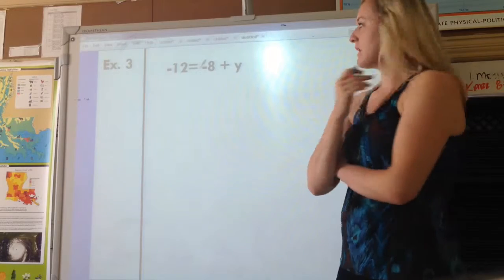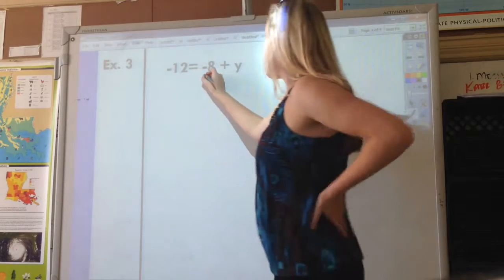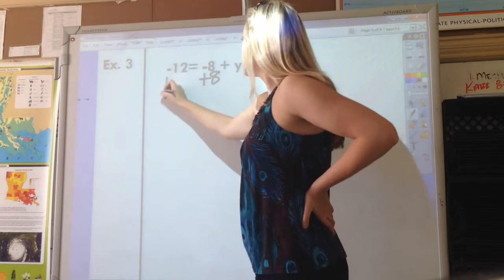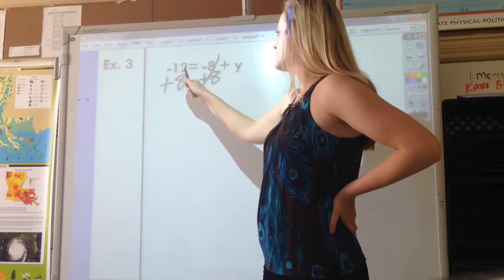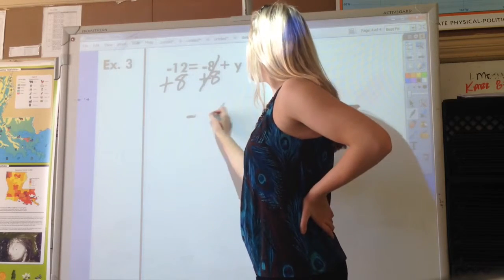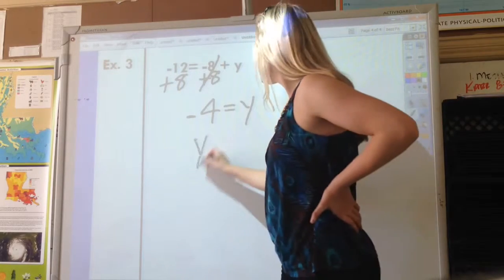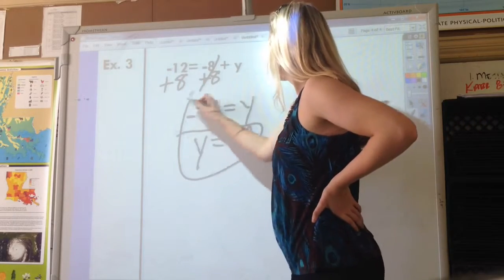In order to get rid of a negative 8, I need to do the inverse operation and add 8. And if I add 8 on one side, I also have to add 8 on both sides. So my 8's will cancel out on this side. Negative 12 plus 8 is going to leave me with negative 4, and that equals y. And again, if I write it like this, it means the same thing.